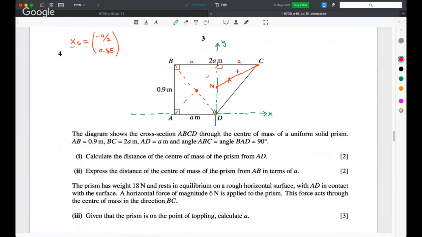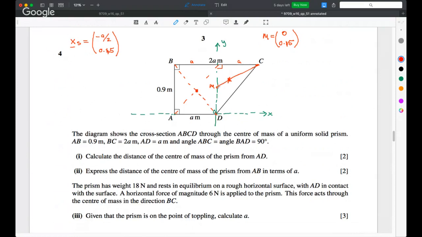So 1/3 along this direction. Well, we want the coordinates at this point. So the midpoint has an x coordinate of 0 and a y coordinate of 0.45. No problem. So how do we get to this point?